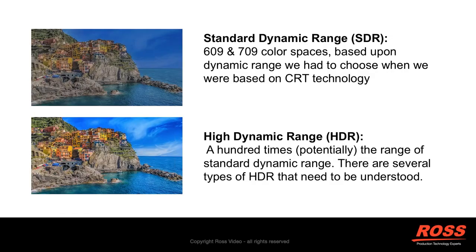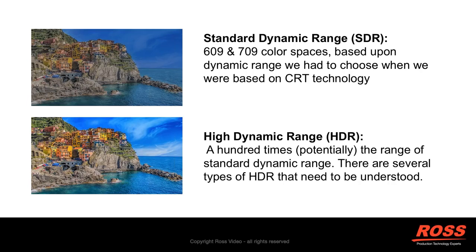Another thing that we're all talking about in the industry, and many of you may already be looking very seriously at this if you're not using it, is the conversion, if conversion is the right word, or the adoption of high dynamic range. So just a note here, we're all used to standard dynamic range. We've only recently given it a name, but our dynamic range for normal production is based on 60 or 70-year-old CRT technology, where the range available on a CRT was limited.